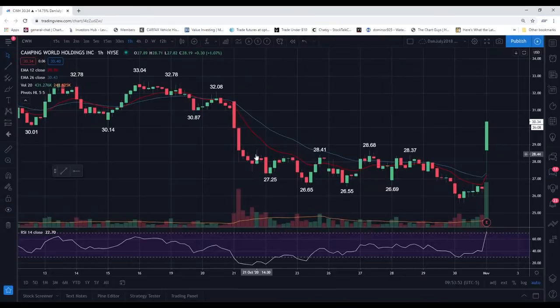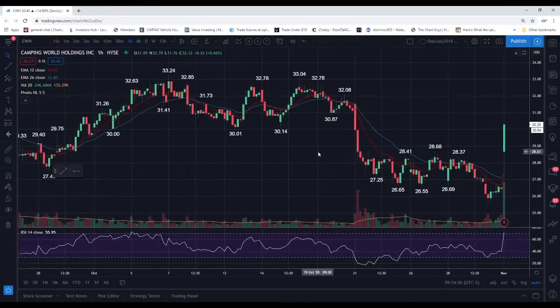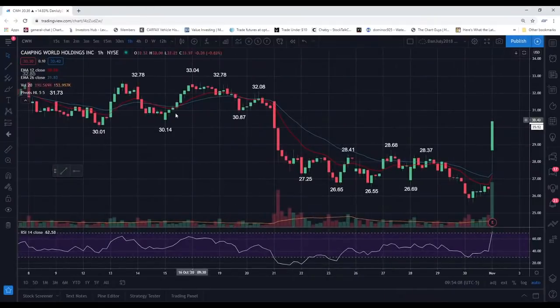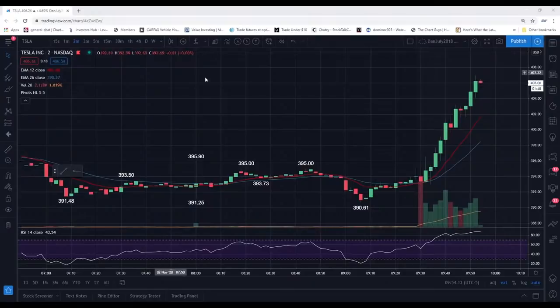And as soon as you clear 28.68, actually it's 28.71 right here, but after that there's no clear resistance until 31.58. So it's just bulls surging through resistance. Bears had been comfortable for a long time, and that obviously is no longer the case, so it is definitely a little bit of a short squeeze on earnings reaction.